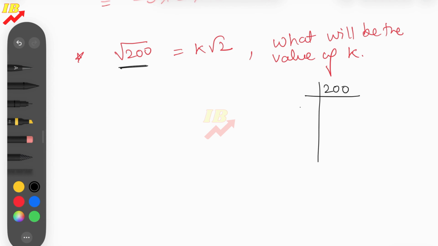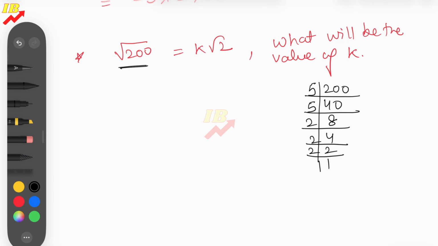Firstly, it is easier for me to take a 5, which gives me 40, because in the 5 table, 20 comes as 4 and 0 as it is. Again, I can take 5, which gives me 5 times 8 is 40. Then 8 is easily split like this, which you can already understand.